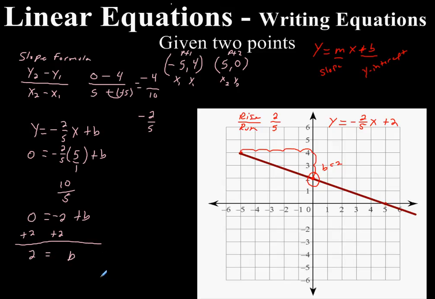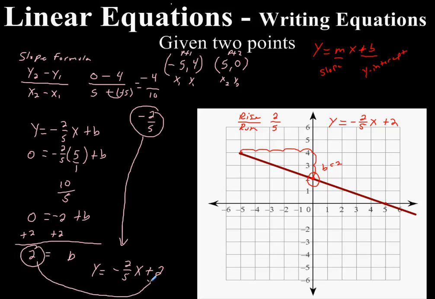So using algebra, we get a linear equation of y is equal to negative 2 over 5x, bringing that down, plus 2, which is our b.